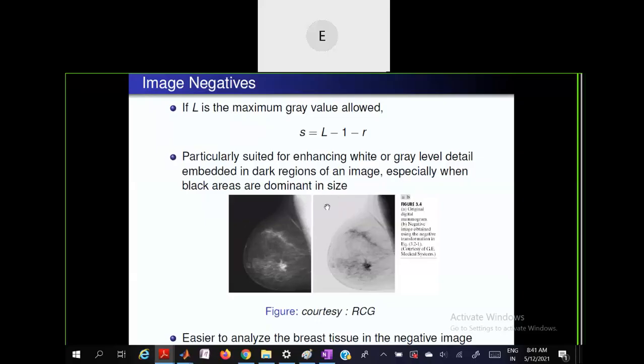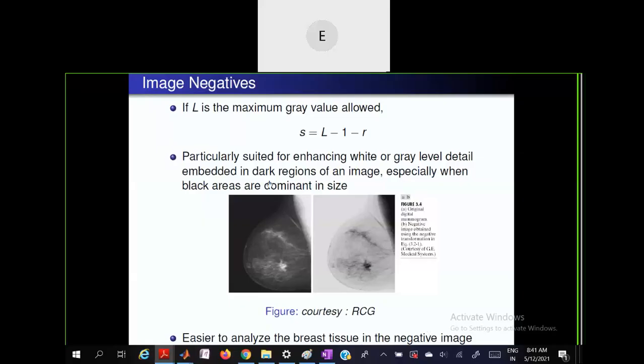You can see that black pixels have become the equivalent gray values here. White pixels have become black here. So even here also there is some white region, there is a black here. So actually this could be probably some medical problem that the mammogram image is having, which is actually in fact very useful. In fact, that is the advantage. You can analyze the breast tissue in the negative of the image very easily.